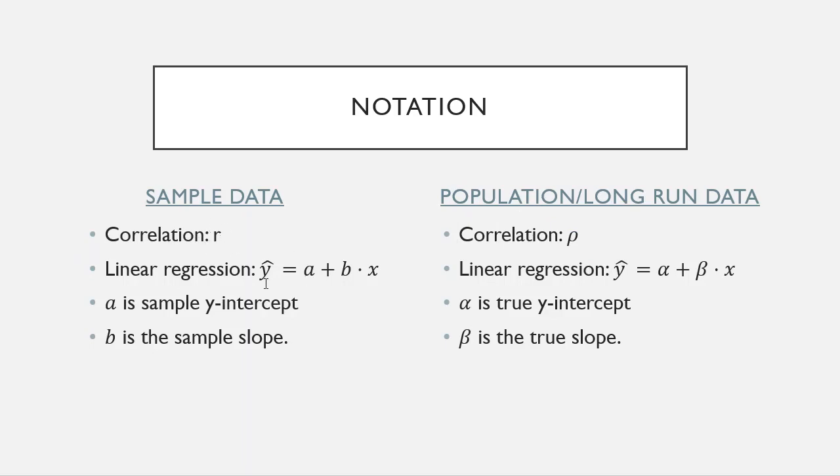The linear regression in the sample is y hat equals a plus bx. In the population, it's y hat equals alpha plus beta x. And beta is the true slope, and that's what we're going to do inference on. a is the sample y-intercept. Alpha would be the true y-intercept in the data.